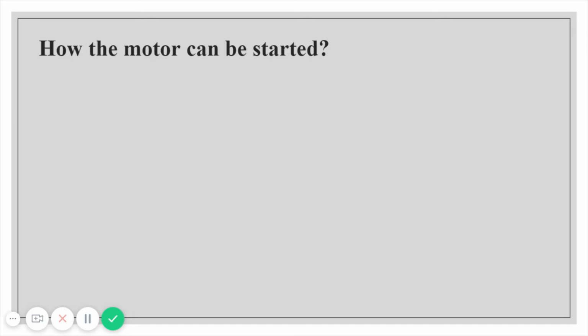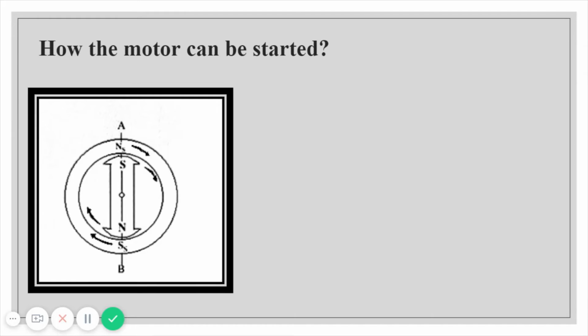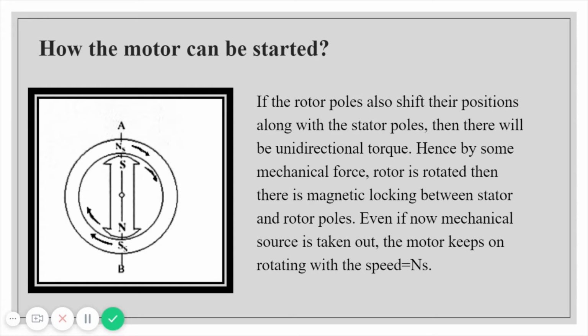Now, how can the motor be started? Here in the diagram you can see how exactly the motor is started. If the rotor poles also shift their position along with the stator poles, then there will be a unidirectional torque. Hence, if by some mechanical force the rotor is rotated, then there is a magnetic locking between the stator and rotor poles.